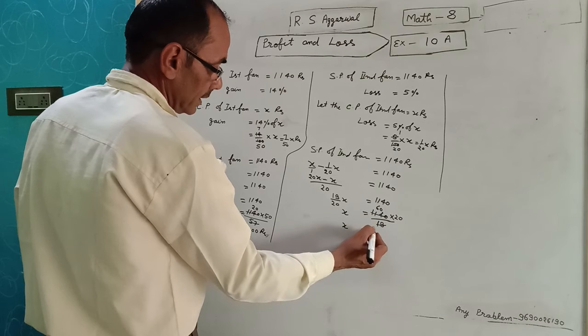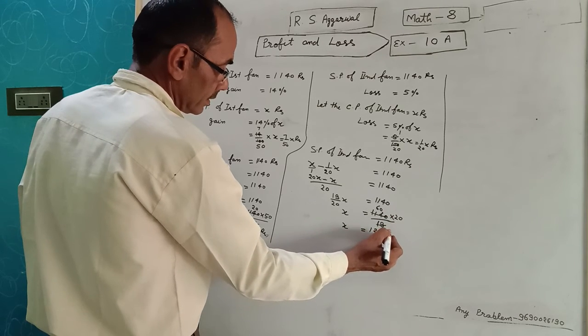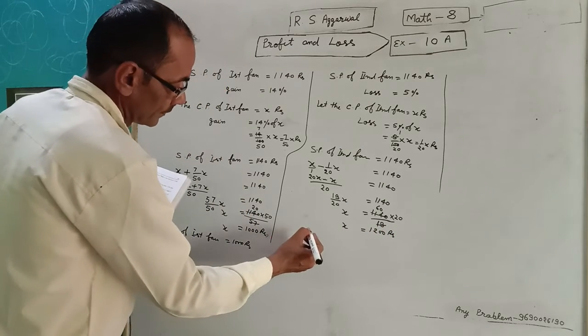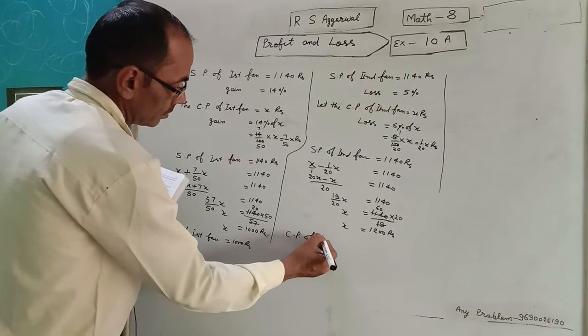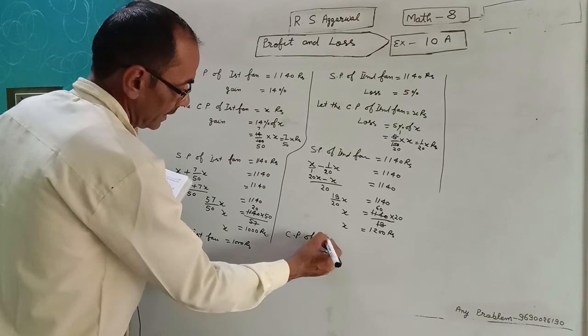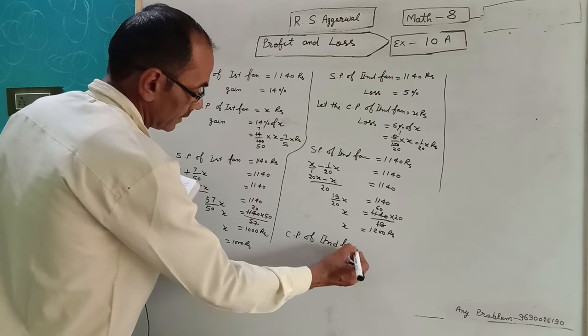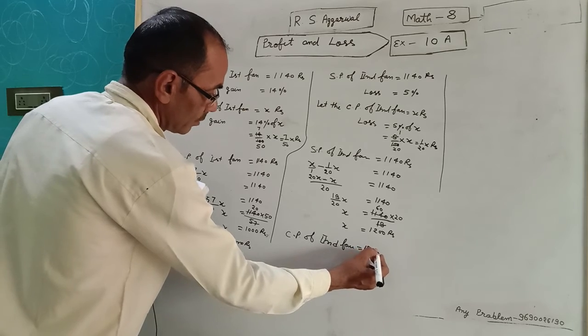After multiplying, 6 to 12. 1200 rupees. CP of second fan is equal to 1200 rupees.